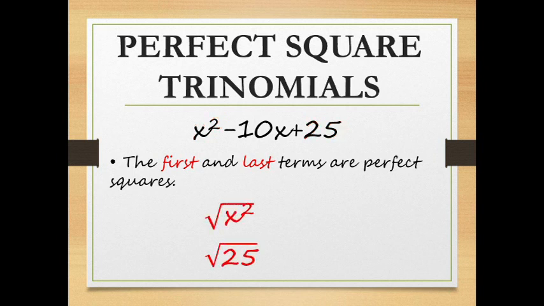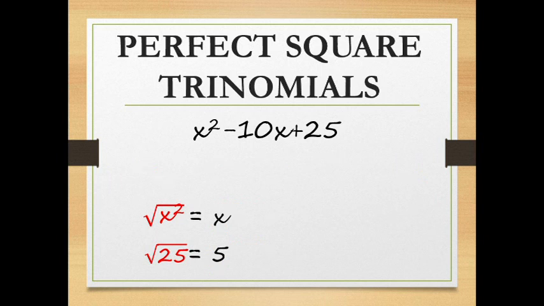Tama, kukunin natin yung square root ng first term at ng last term. Square root of x squared is? Tama, it's x. How about the square root of 25? Very good, it's 5. Kung mapapansin nyo, walang decimal point. Ibig sabihin, our first and last terms are perfect squares.